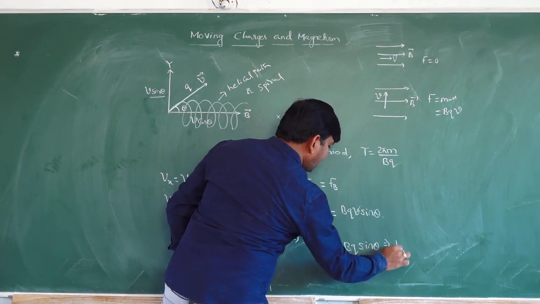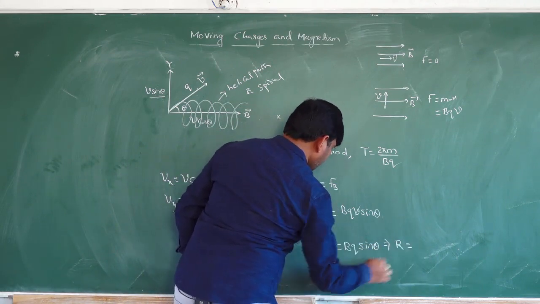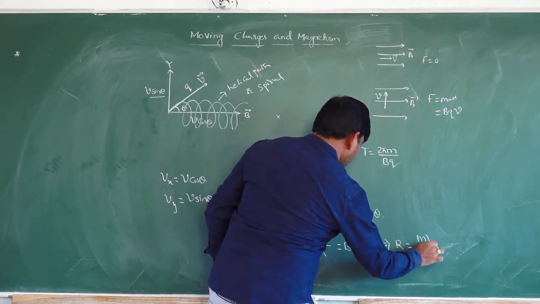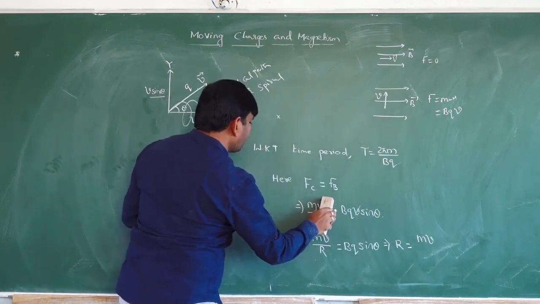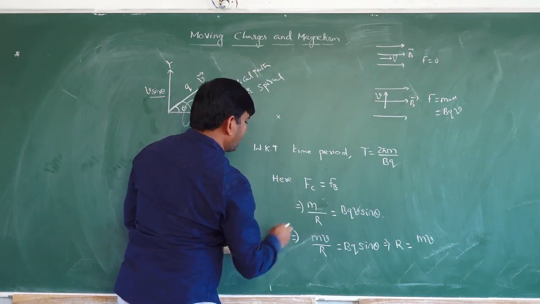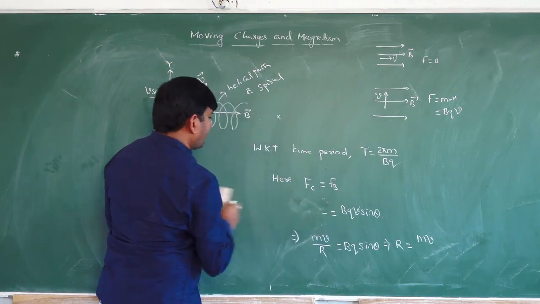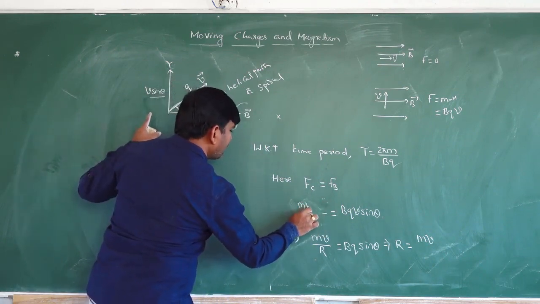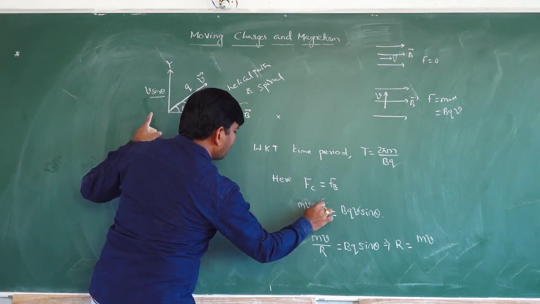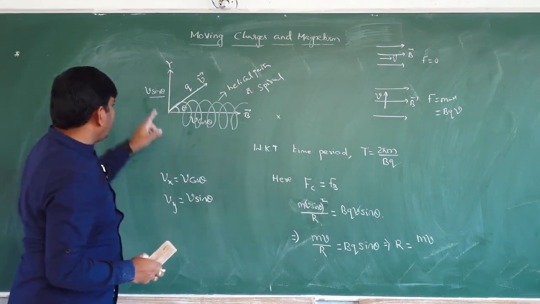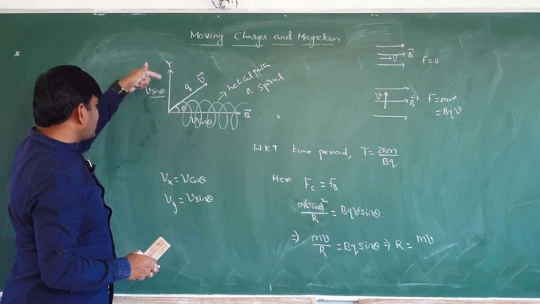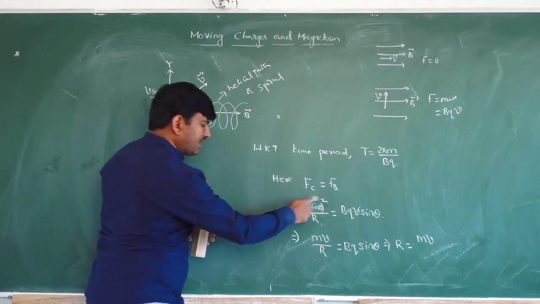This implies r is equal to... this V is nothing but the velocity component, V perpendicular. Therefore, I have to write it as m into V sin theta whole square divided by r. Centripetal force is because of this velocity component V sin theta. Therefore, a V sin theta I have to take.